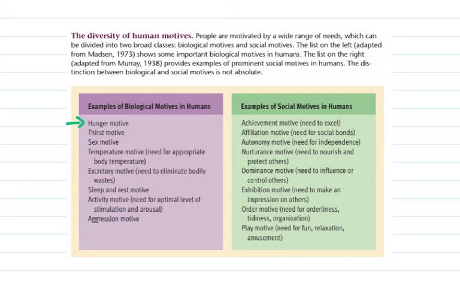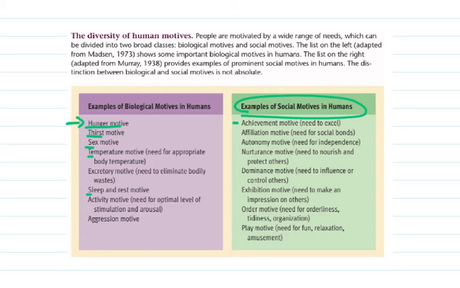There are all sorts of biological motives in human beings. It's not just the hunger motive; there's the thirst motive, the sex motive, the temperature motive, the sleep and rest motive. You might also have the aggression motive as a biological motive. Then you also have social motives in humans, and we'll talk about the first of these as well, which is the achievement motive, the need to excel.